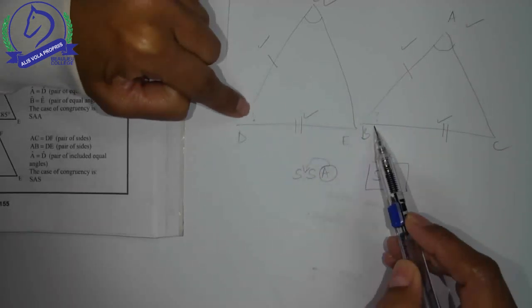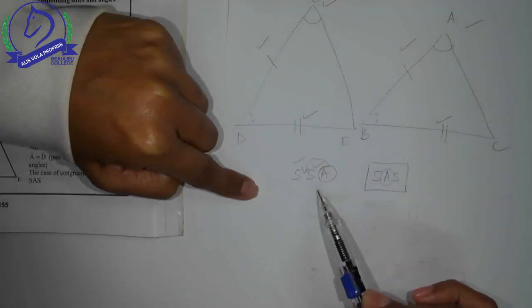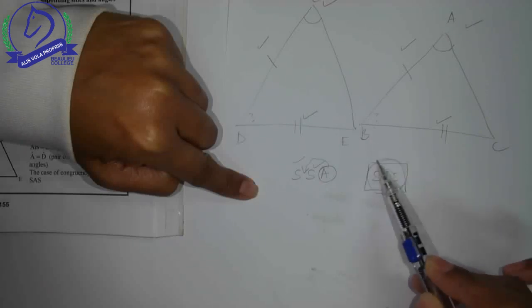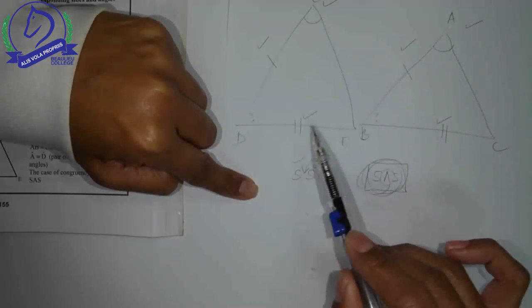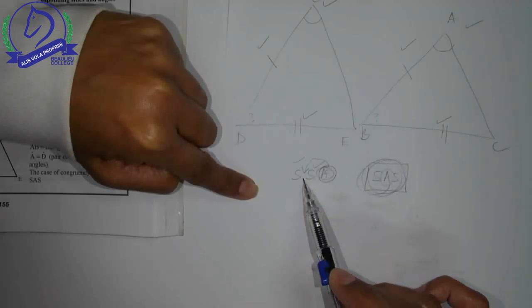So the included angle, the angle between the two sides mentioned here, must be equal in order to use this condition. In this particular example, the triangles are not congruent because this angle is not included.